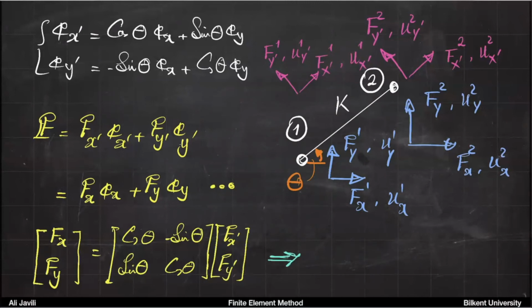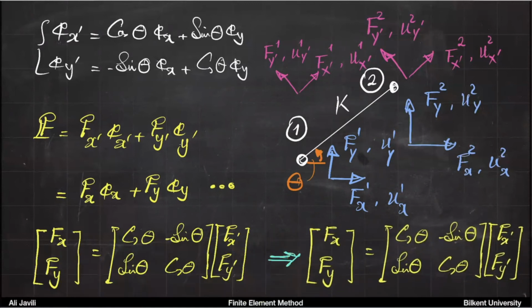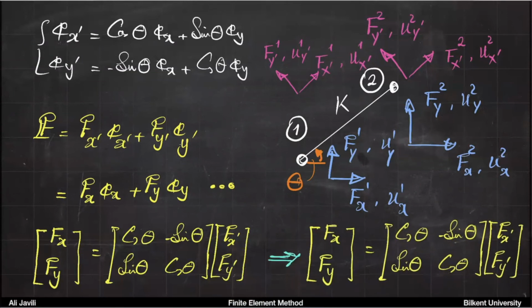If you know the relationship taking you from the prime system, x prime, y prime, to xy, then you can also do the opposite. You can also come from the xy system to the prime system.